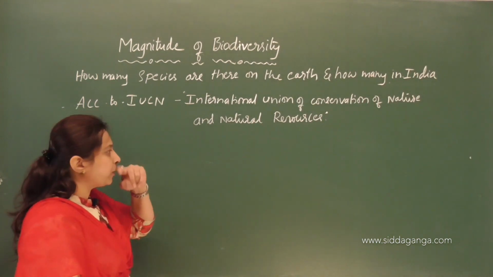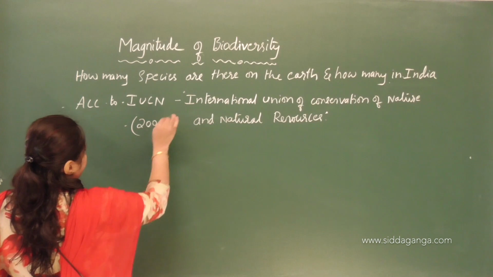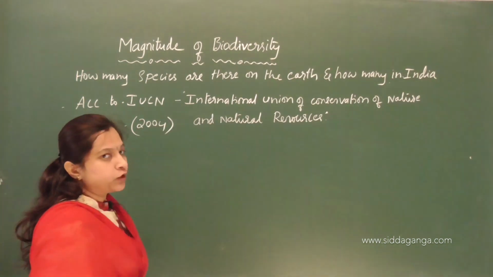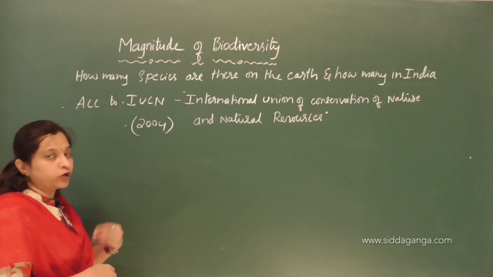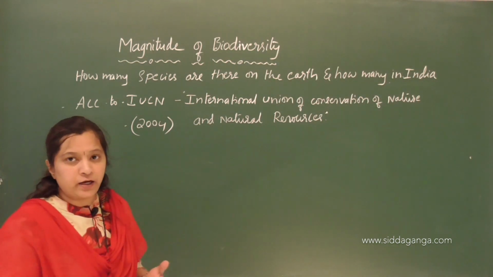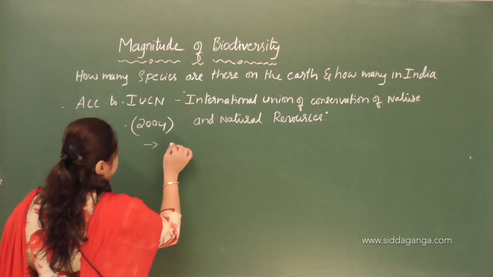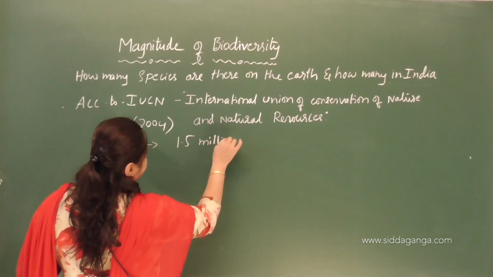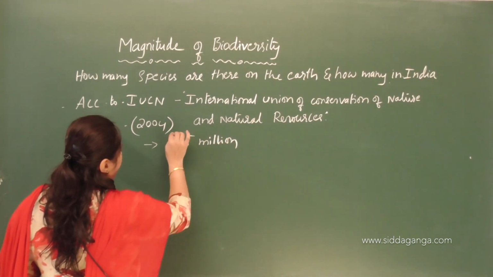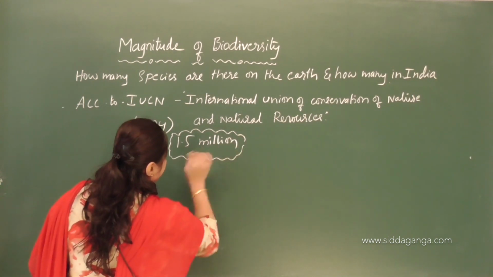According to IUCN, in the year 2004, the total number of known plants and animal species on the earth is estimated to be slightly more than 1.5 million.